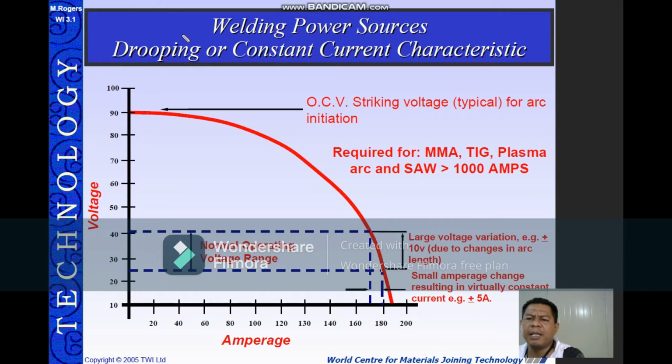As we can see, the welding power source has a drooping, constant current characteristic. We see this is the voltage, this is the ampere. The normal operating voltage range is from 25 until 40. Then the normal ampere is from 40 to 170. So a small ampere change results in virtually consistent current, for example plus or minus 5 ampere.